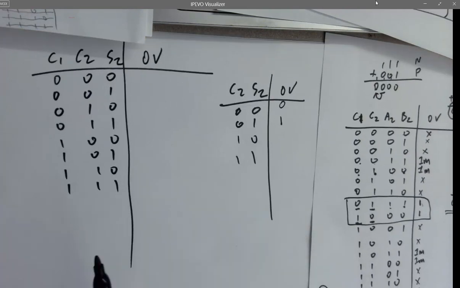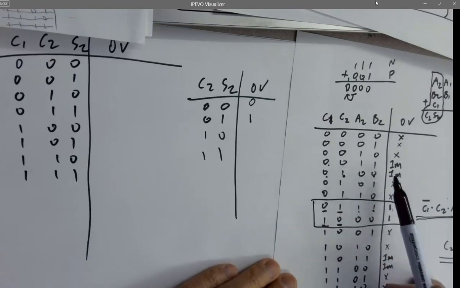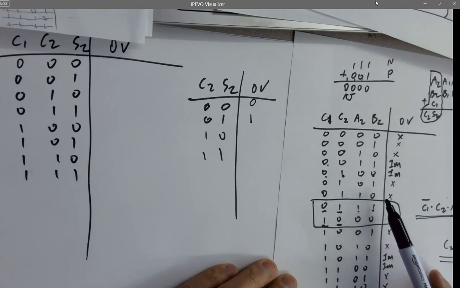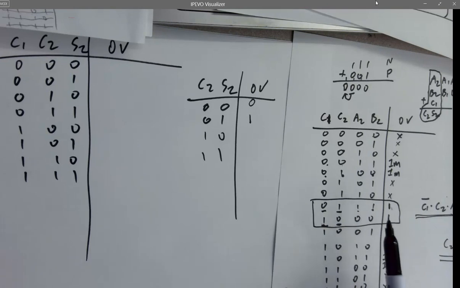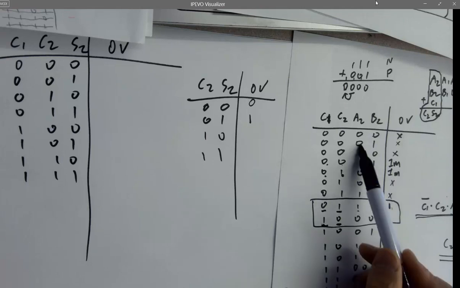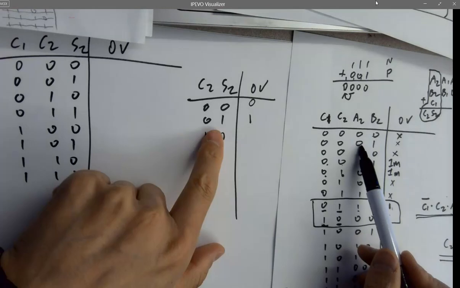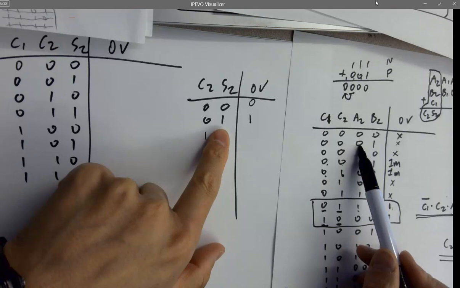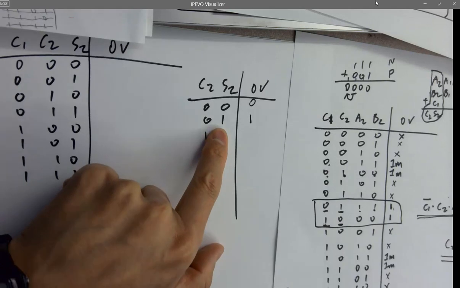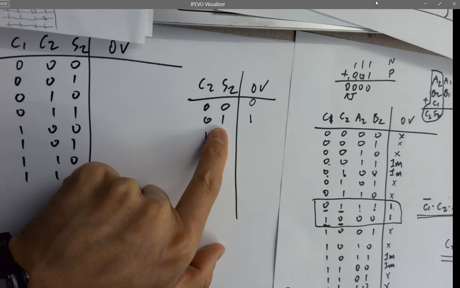Which truth table are you talking about? Here, in here? Here? C2 is 0, yeah, that's right.